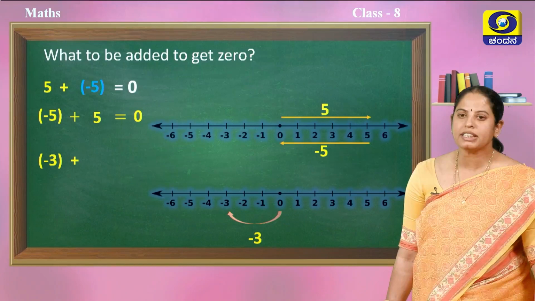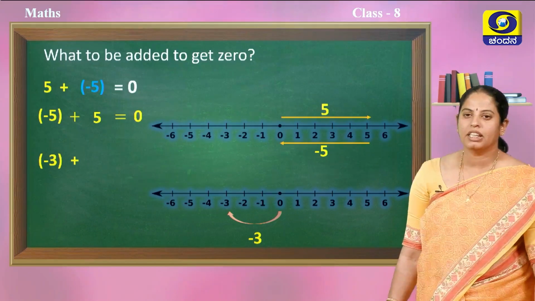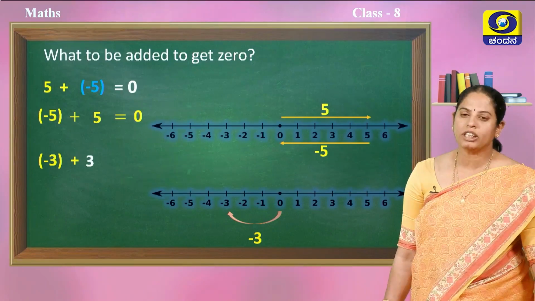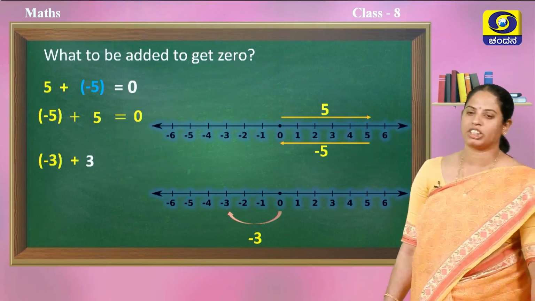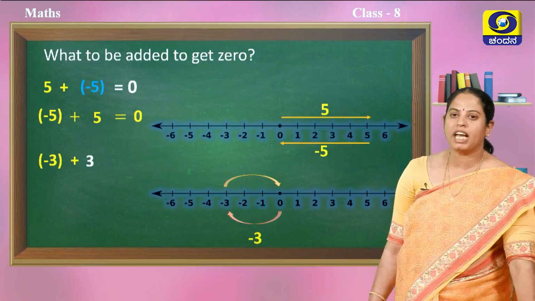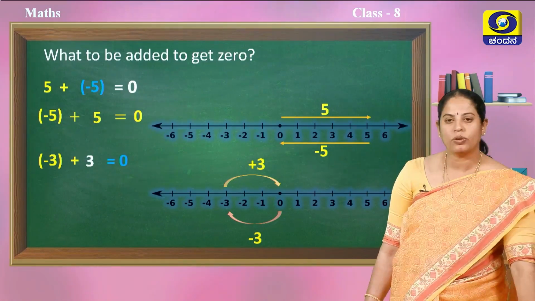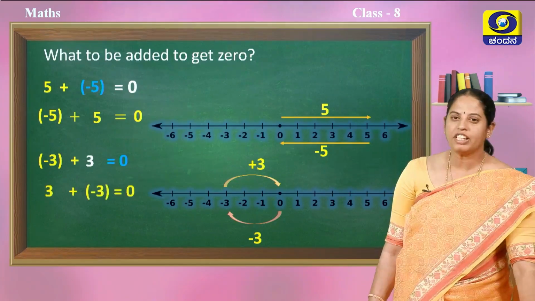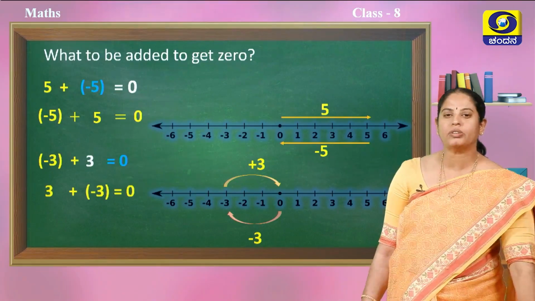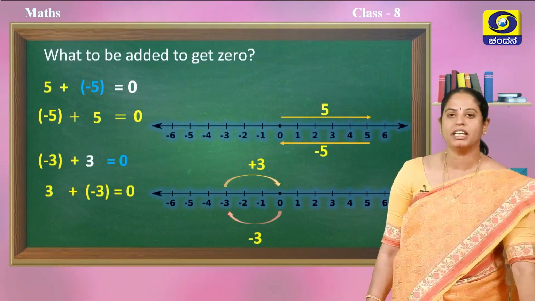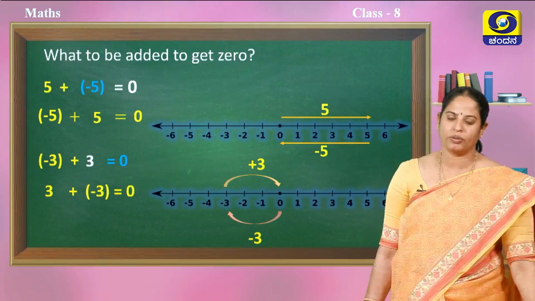To make this minus 3 into 0, I have to move 3 units towards the positive direction. Yes, that means I have to add plus 3 to minus 3 to make it 0. If I reverse this, what should be added to 3 to make it 0? I have to add minus 3 to 3 to make it 0.